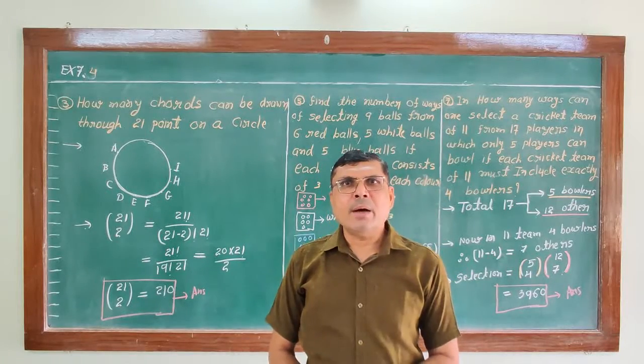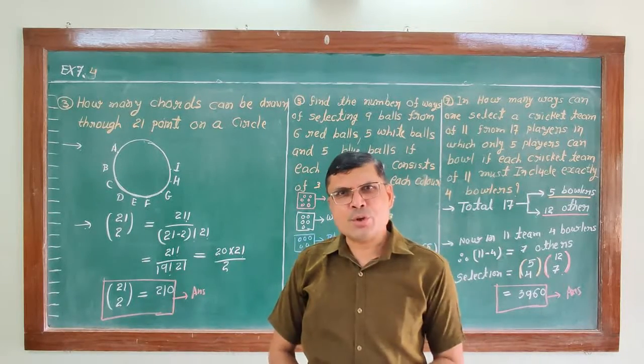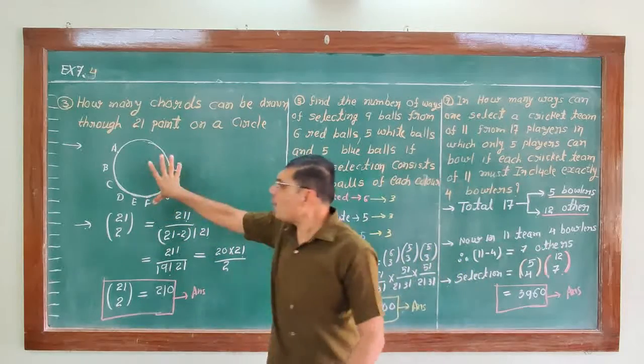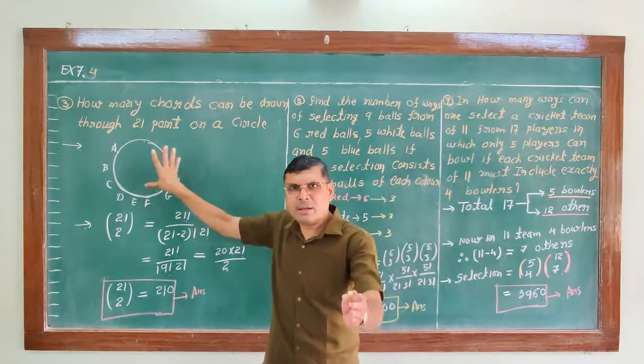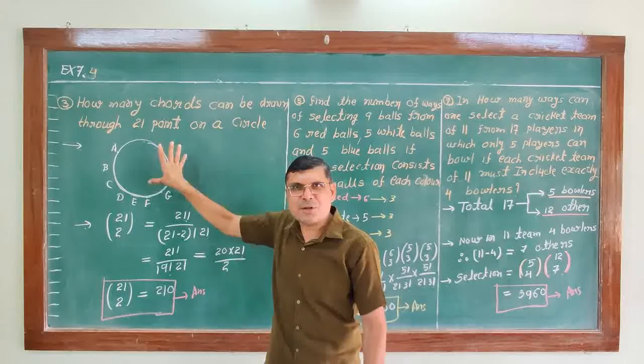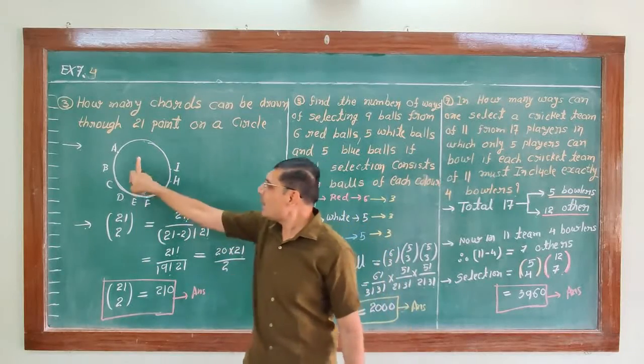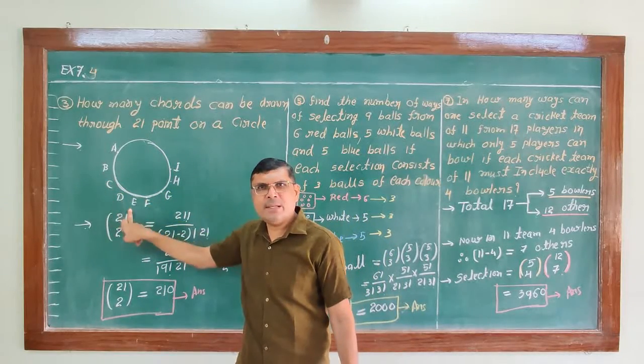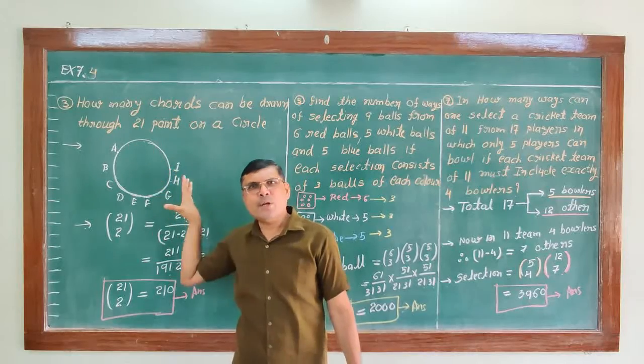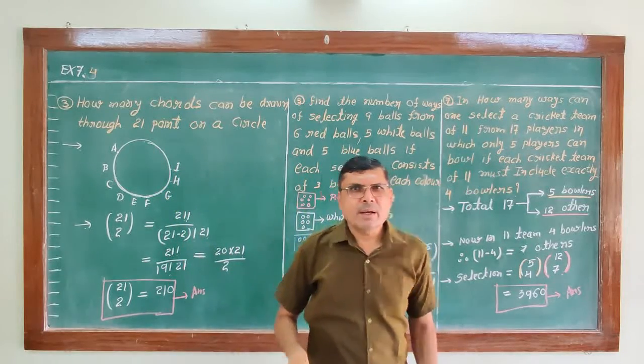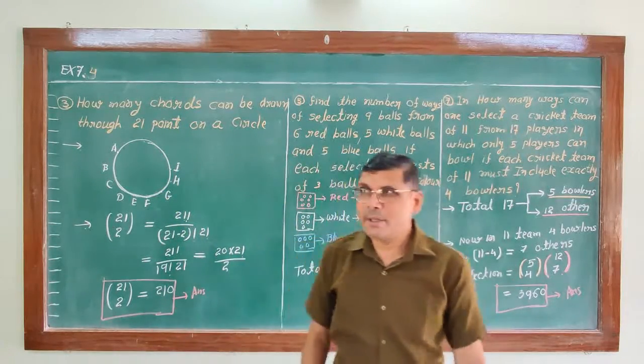If we select 21 points on the circle, here in front of you, please consider this a circle. I know this is not exactly a circle, but please consider it. A, B, C, D are a few points. I am not writing all 21, otherwise it will be very congested.